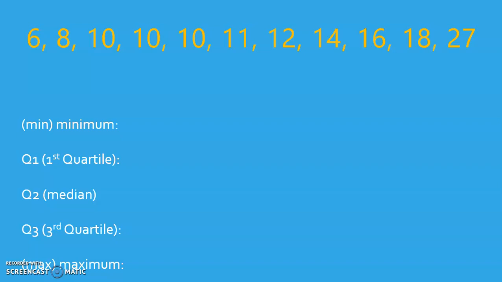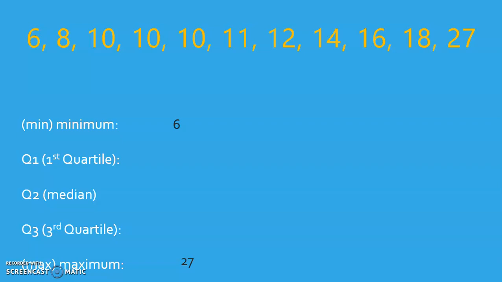Okay, so now we have our numbers in order from least to greatest. The easiest two parts of our 5 number summary is to find the minimum and maximum number. So our minimum number is the smallest number in this data set, which is 6. Our maximum number in our data set is 27. Next, we want to go ahead and find our median or Q2.